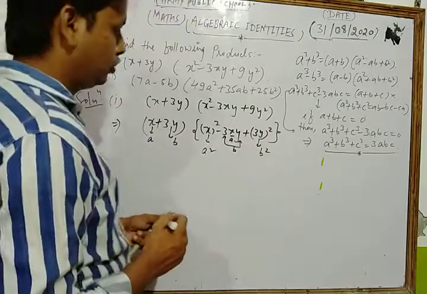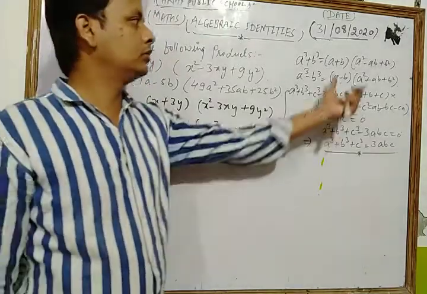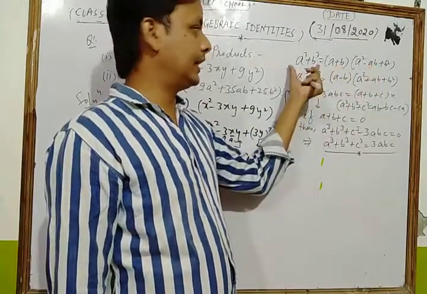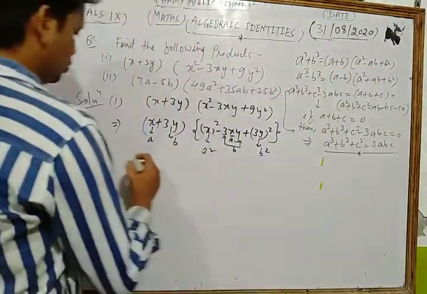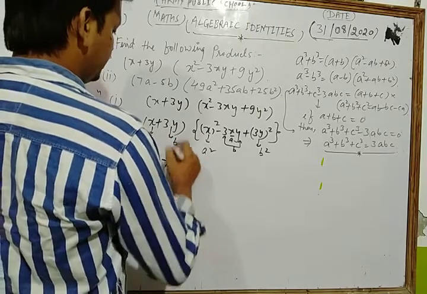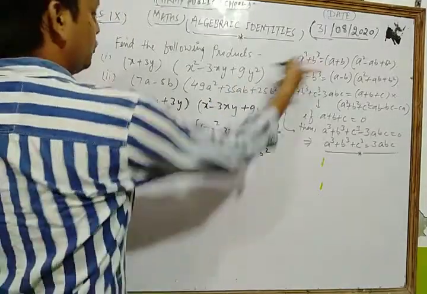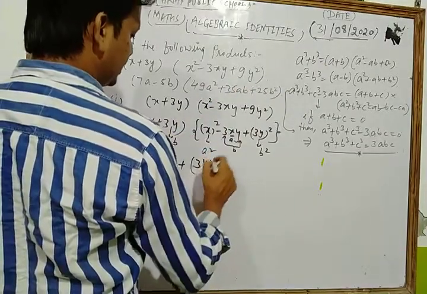So dear students, this algebraic expression is based on this identity, so we can write a cube plus b cube. So here we write x cube plus b cube, where b is 3y, so we write 3y cube.